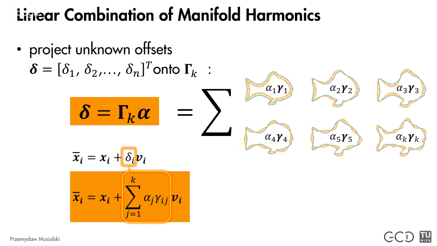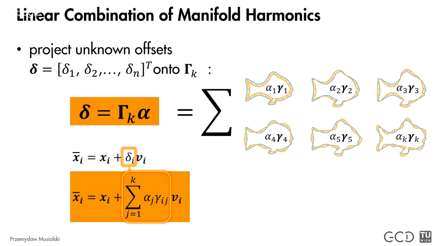If you look at this equation here, this is the original displacement equation for each particular vertex, where we had this displacement value delta, and now we express each delta as a linear combination of those gamma ij, and gamma ij are these global eigenfunctions, and we are looking now for those coefficients alpha j.